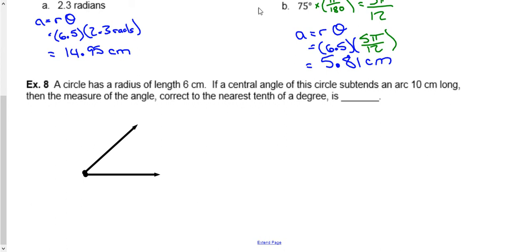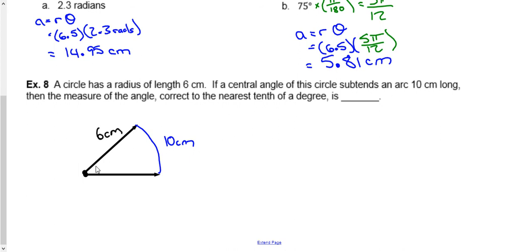Basically, I'm going to connect this tip to that tip there. That's my arc length, and it says my arc length is 10 centimeters long, so I'm going to jot down 10 centimeters right here. My radius was 6 centimeters.